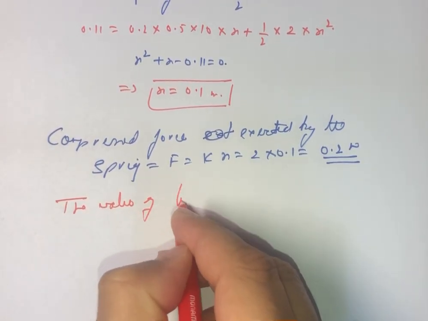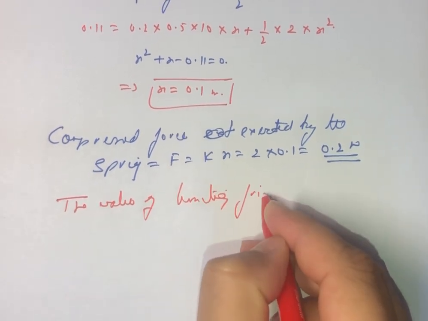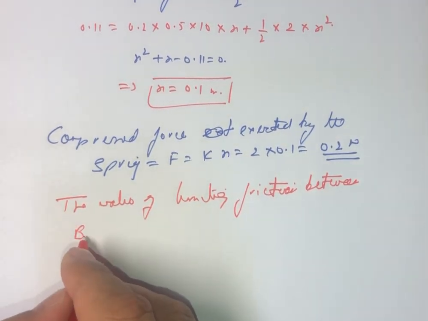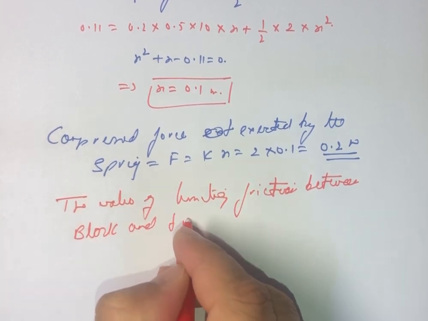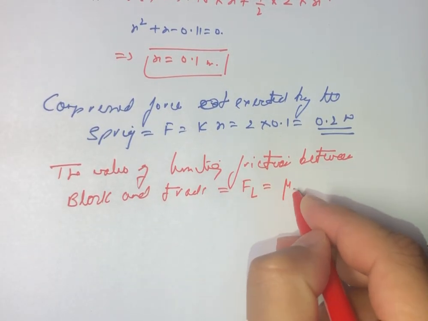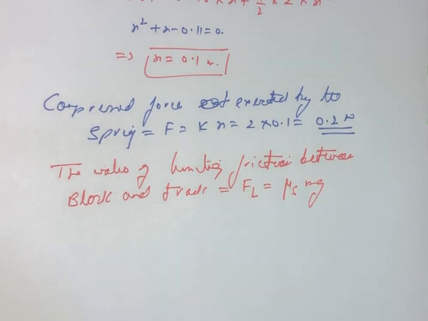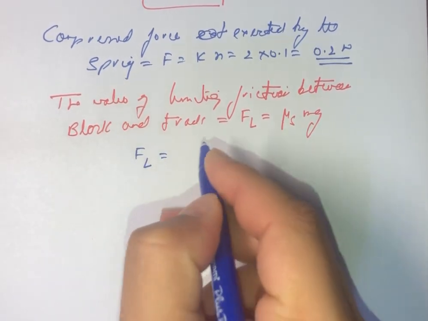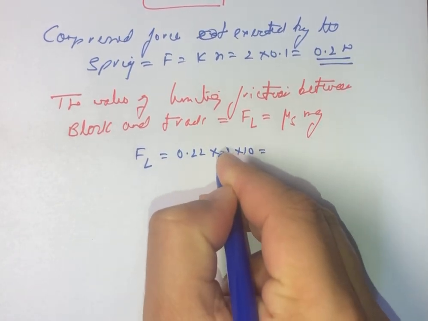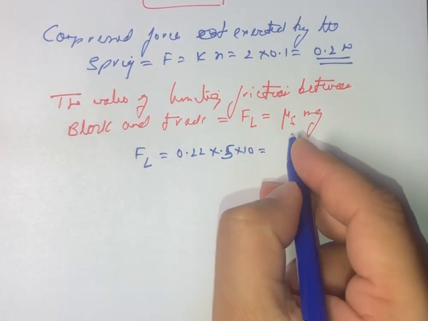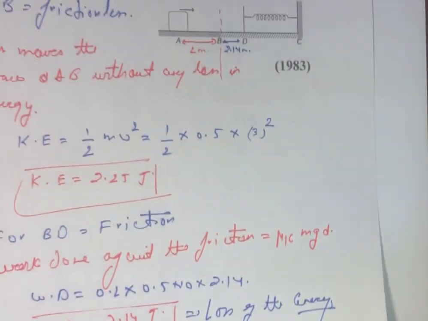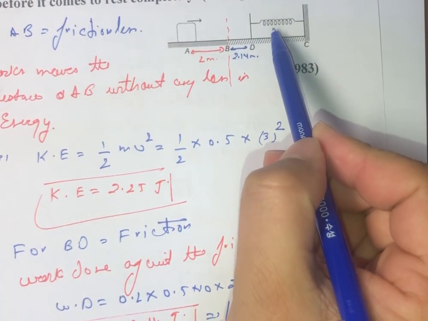Let us call it FL, which is equal to mu s m g. So FL equals 0.22 times 0.5 times 10, which is 1.1 Newton.